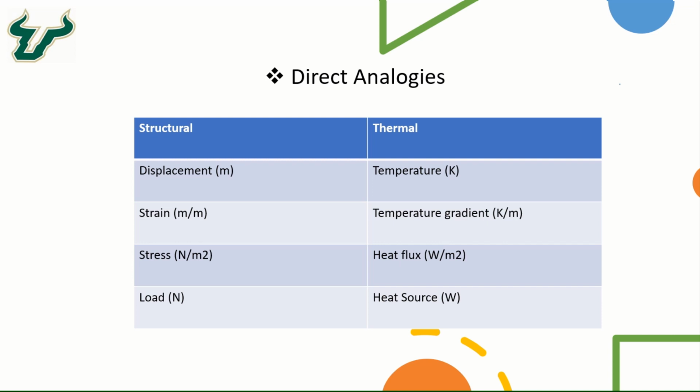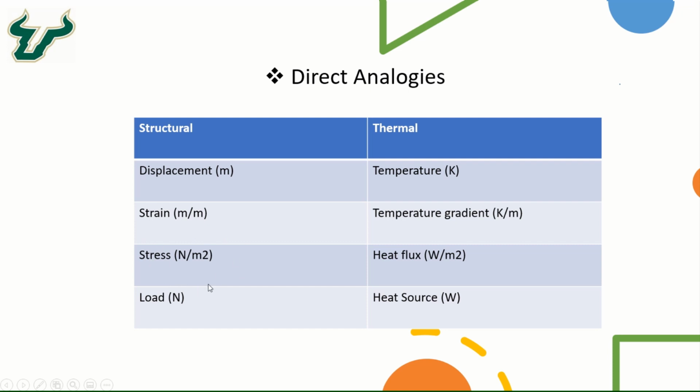So the displacement in the structural simulation is equivalent to the temperature in the thermal simulation. Similarly, the strain that we measure in the structural simulation can be compared with the temperature gradient, Kelvin per meter, in the thermal simulations.